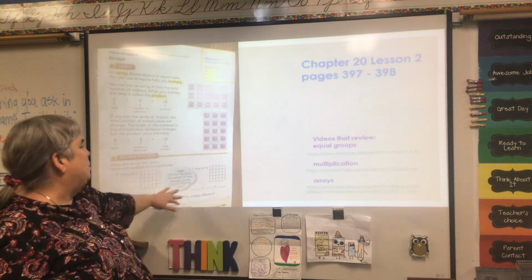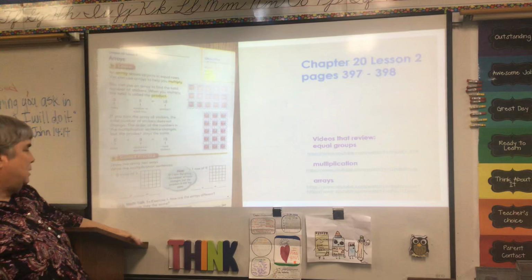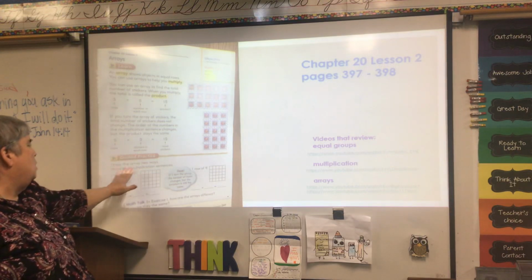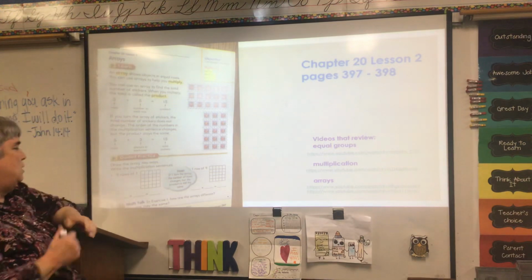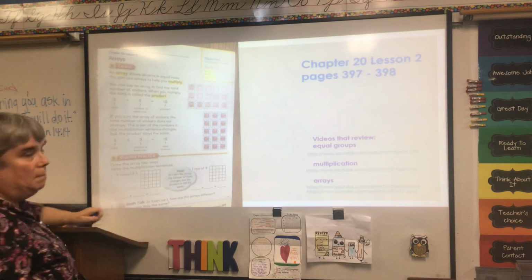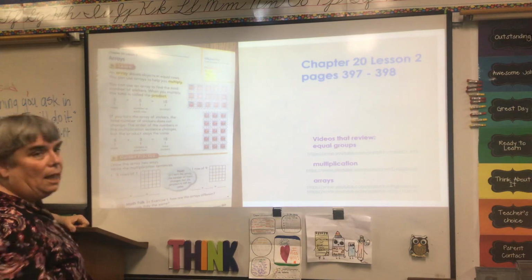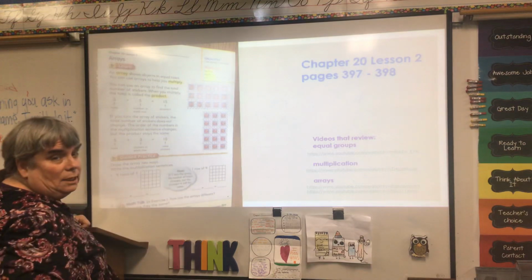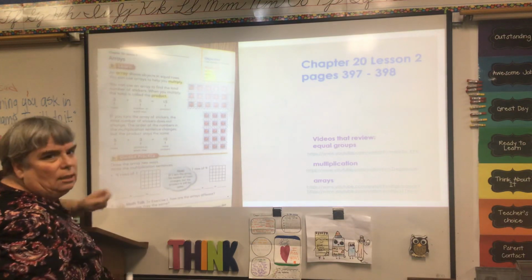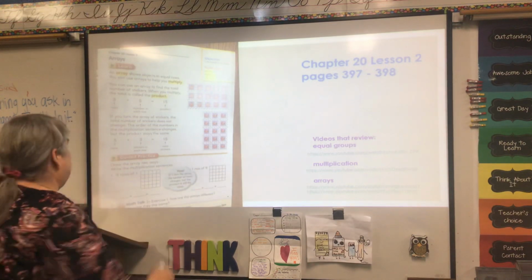So down here at the bottom is some extra practice for you. It says guided practice. Draw the array 2 ways. So this one says 4 times 1. So I'm going to think of it as 4 rows of 1. And we know that rows go across, just like the rows in a row of flowers that get planted.